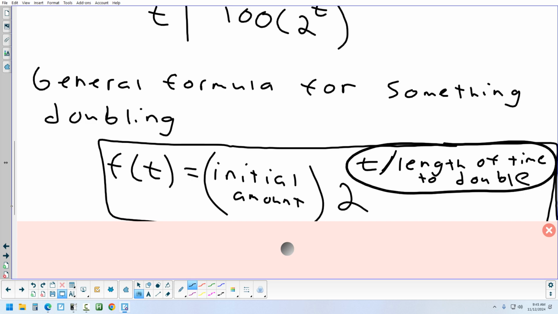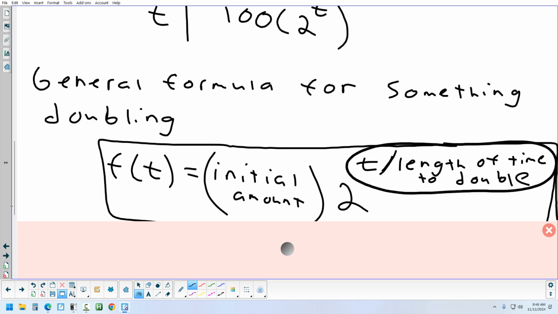So this exponent has to represent essentially the number of doubling periods that have happened. If something doubles every 1 unit, then your time will match the number of doubling cycles. If it's not, then you need to do this calculation.